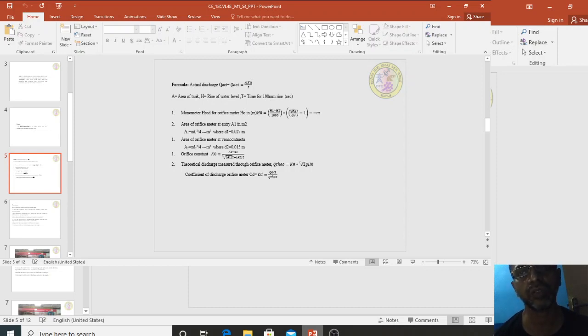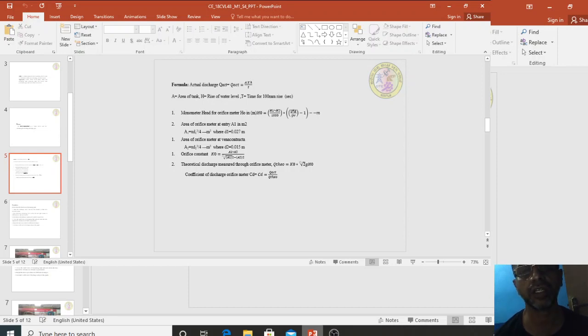So now we have to calculate the actual discharge, and take some input data to substitute in the theoretical discharge formula to calculate the end result, the coefficient of discharge.